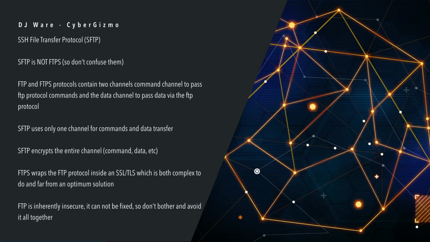So FTP and FTPS both have two channels, two communications channels or two sockets that get opened. The first one contains the command channel, and that's where you pass your connection to the host, your login to that host, and then you issue commands to get a file or to receive a file. The problem with FTP and FTPS is every time you initiate a send or a receive, your data channel gets created anew.